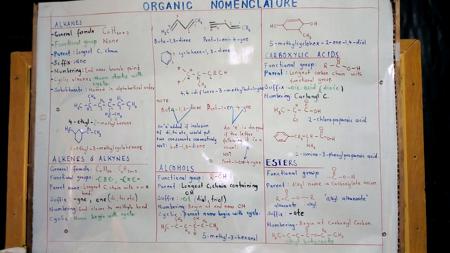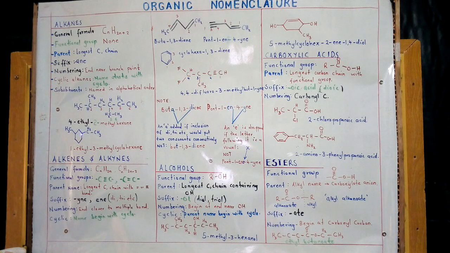So this is 1, 2, 3. Suppose we decide to name it using this route, but we said the numbers should have the lowest combination possible. So we go in this route, which is anti-clockwise. Then we shall have ethyl at carbon number 1, and methyl at 3. So the combination is 1, 3.